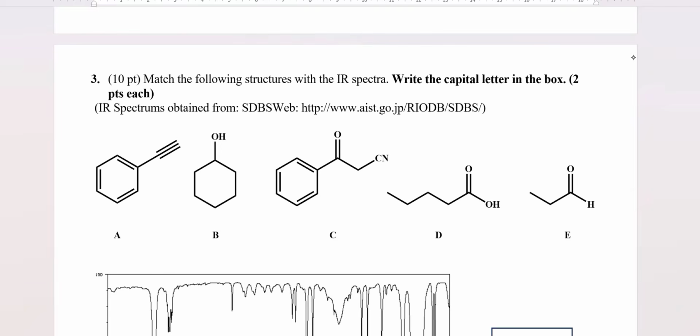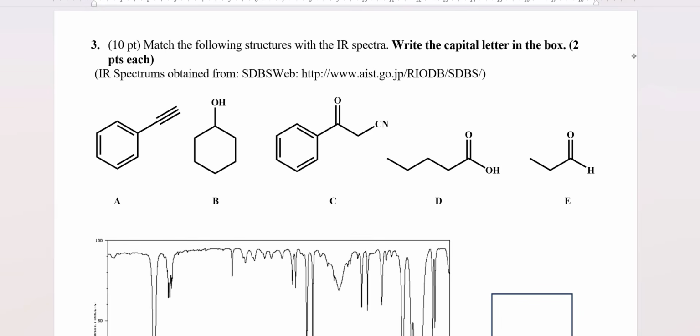Here for question number 3, we have 5 compounds and we would like to match them with the IR. To answer this question, we need to take a look at the functional groups. For example, compound A has an alkyne, and it is a terminal alkyne. So we should have a CH for the C triple bond, which is around 3300.